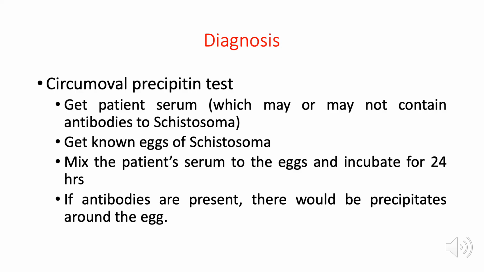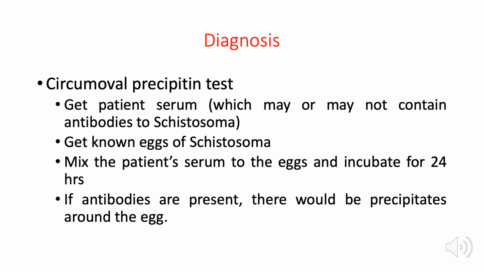The next thing that we will do is to add the serum of the patient to known eggs of Schistosoma. Then we will incubate the setup for 24 hours. If the patient's serum has antibodies, the antibodies will bind to the eggs and cause formation of precipitates or microprecipitates around the eggs.